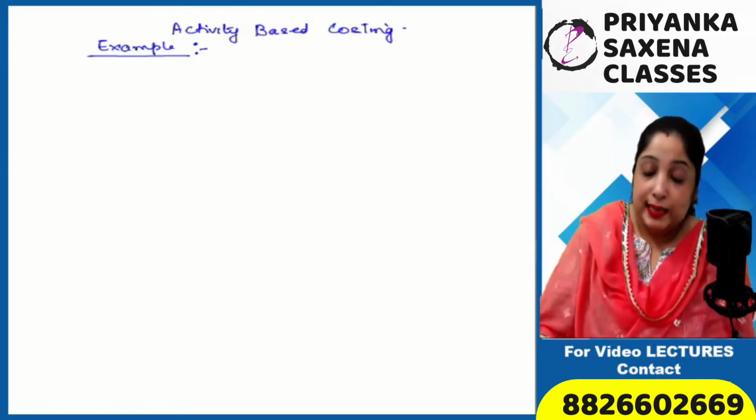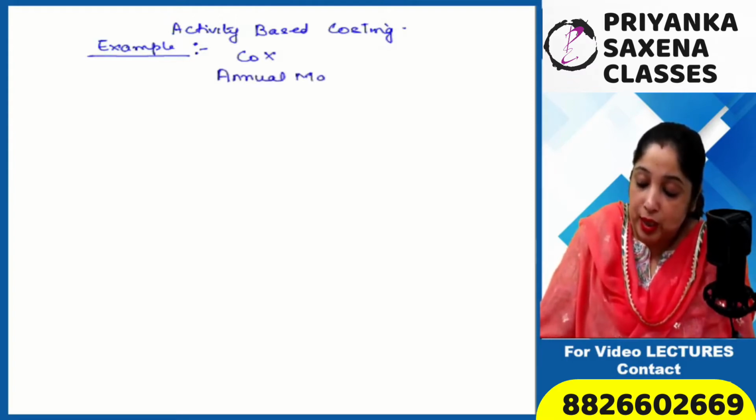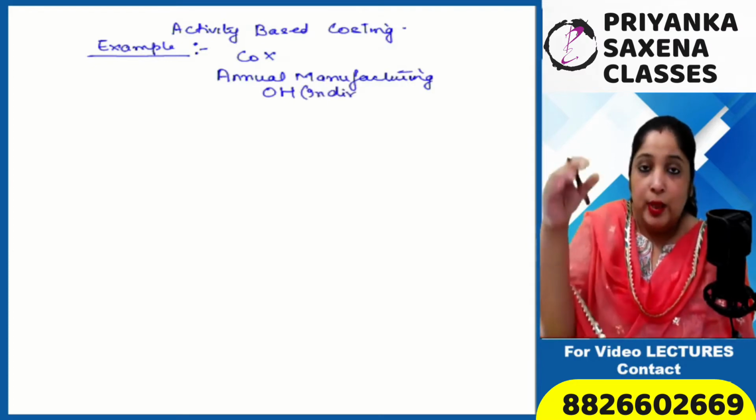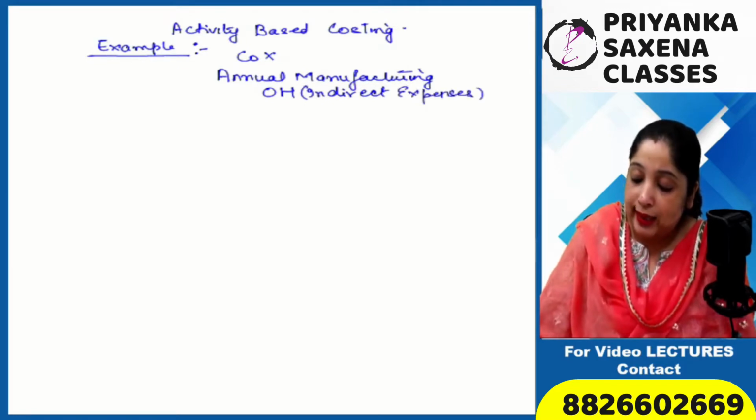Suppose in an organization, let us say company X, annual manufacturing overheads. You understand overheads? Overheads implies indirect expenses. While doing manufacturing, indirect expenses that are incurred are approximately, let us say, 20 lakh.